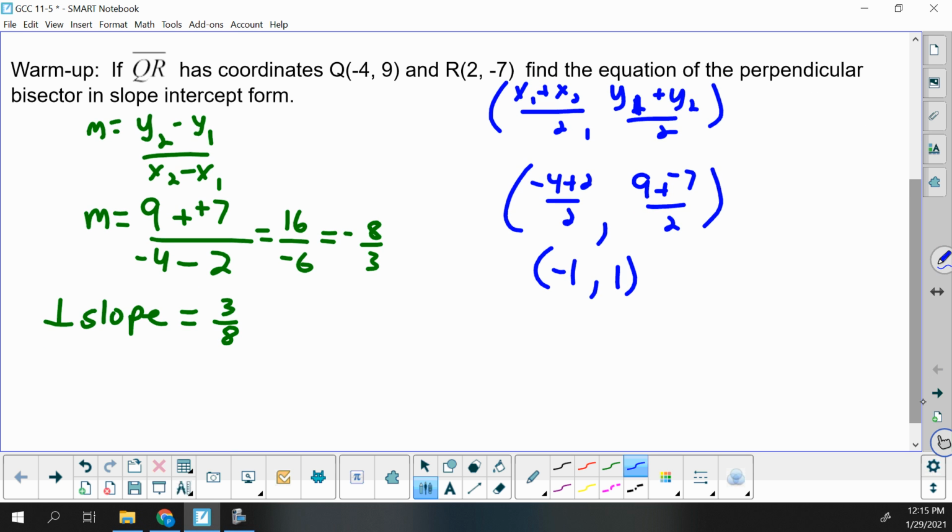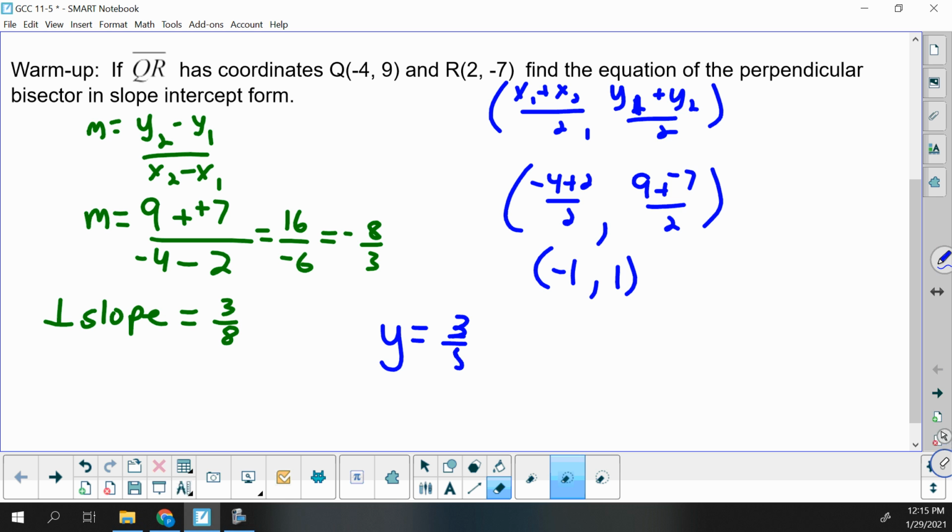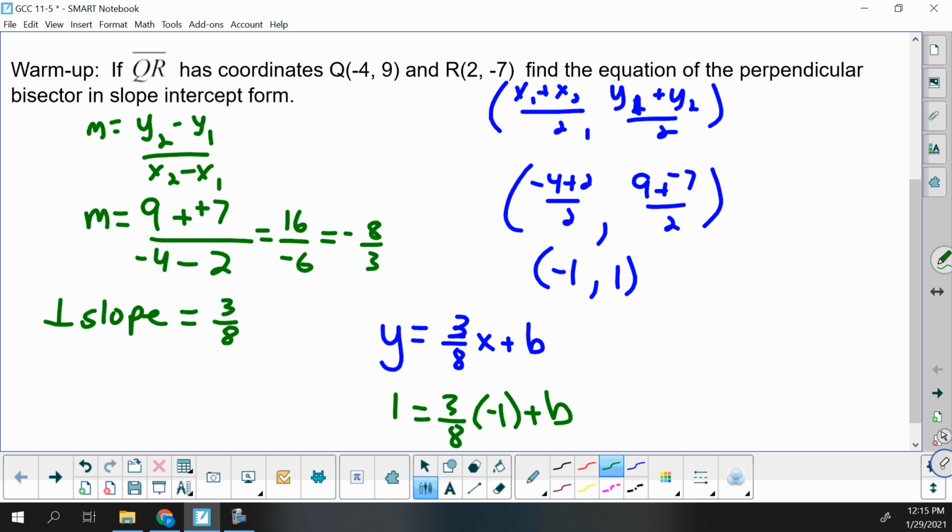Well, now we have our slope and we have our point. So we'll have y equals, oops, not negative, but positive, 3/8 x plus b. We'll fill in our x and our y. So 1 equals 3/8 times negative 1 plus b.